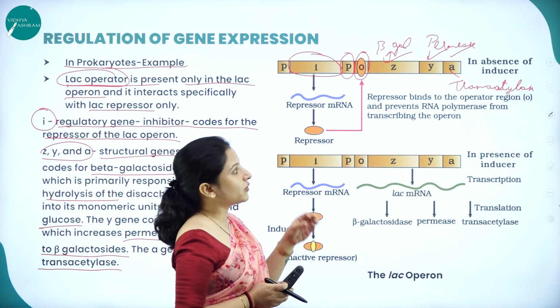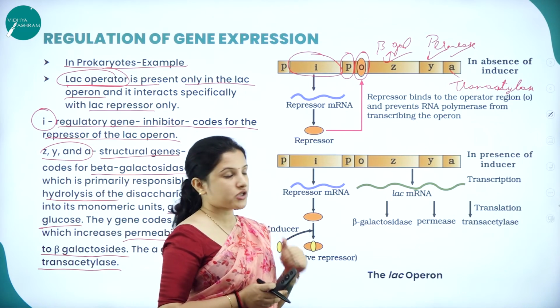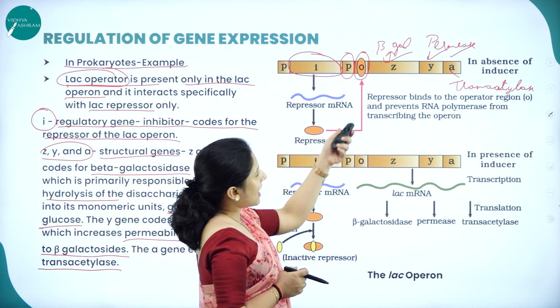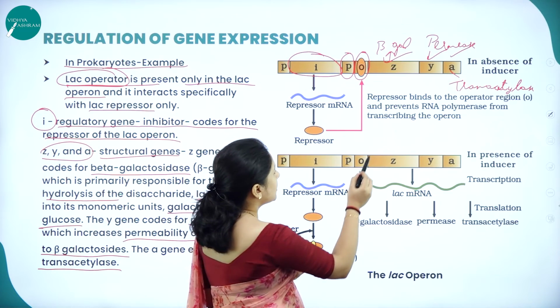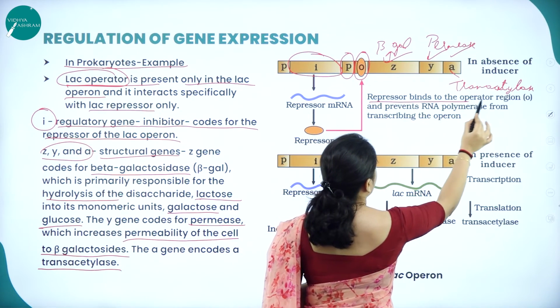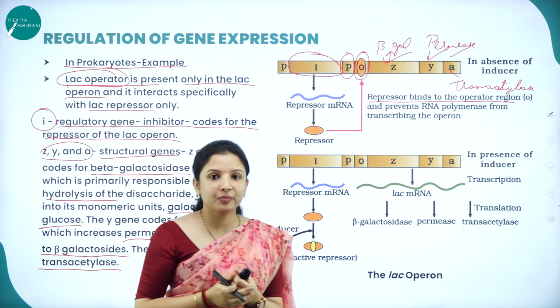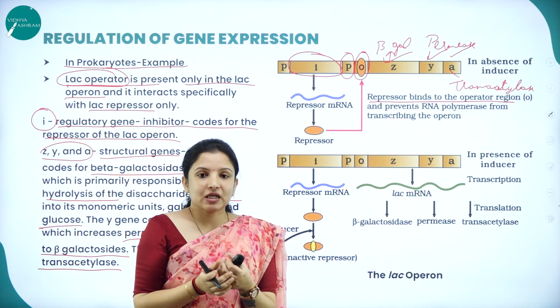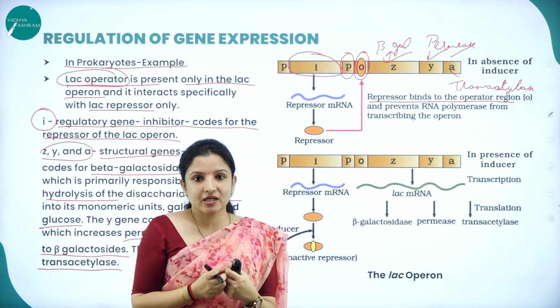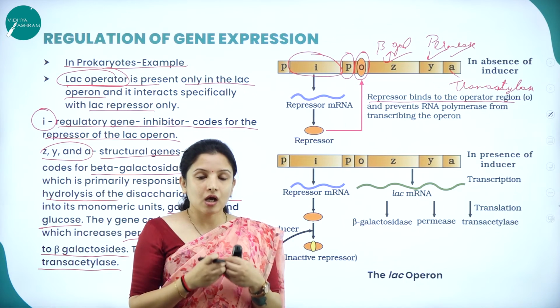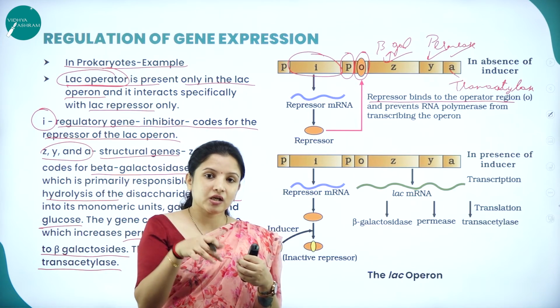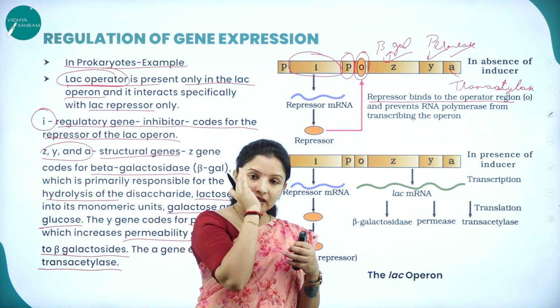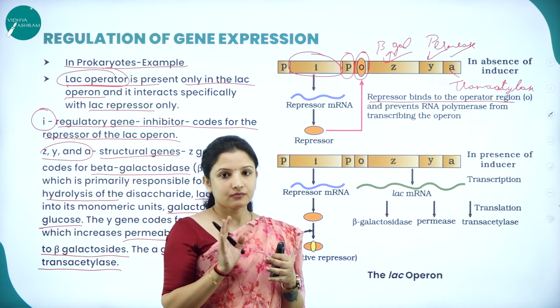Now, what happens when an inducer is not there? We shall look into that. In the absence of inducer, the repressor will bind to the operator region. What is a repressor? A repressor is the one that represses, that stops something. If the promoter region has to get activated, then an inducer should be present.